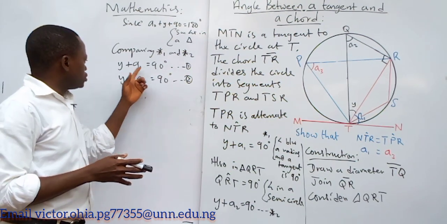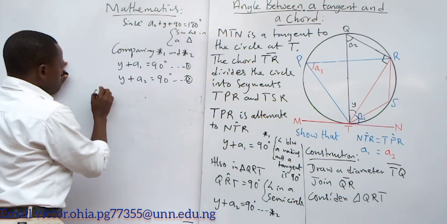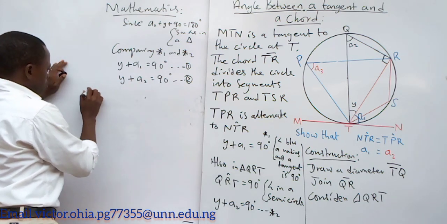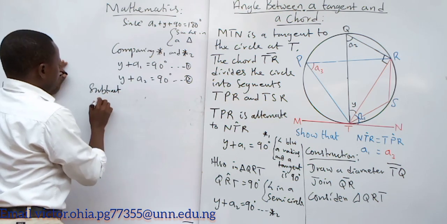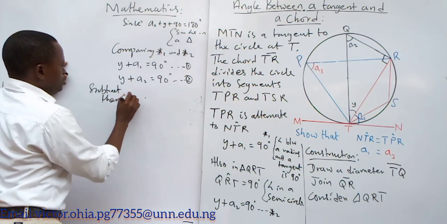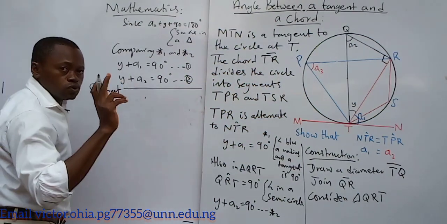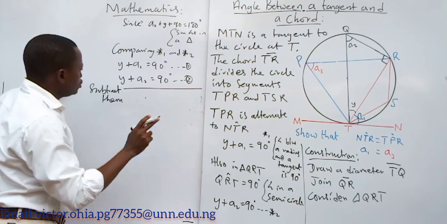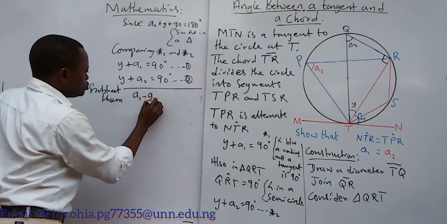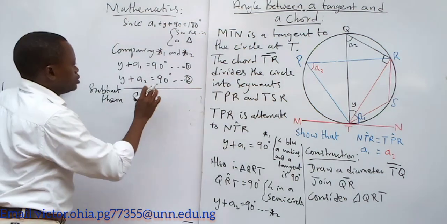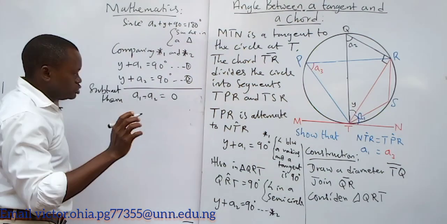Because they have some things in common here, I can subtract 1 and 2, subtract them. If I subtract them, y minus y will be 0. Here I have a1 minus a2, you see that, then equals to 90 minus 90, which is what? 0.